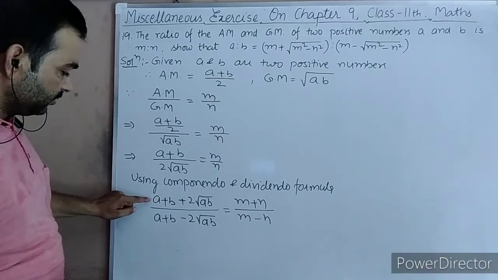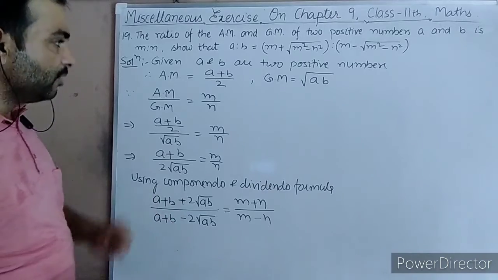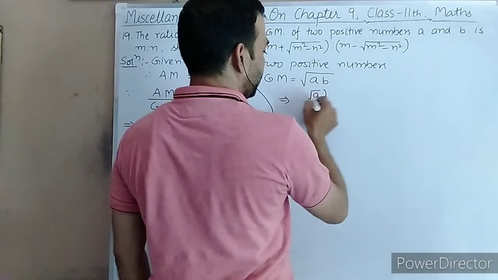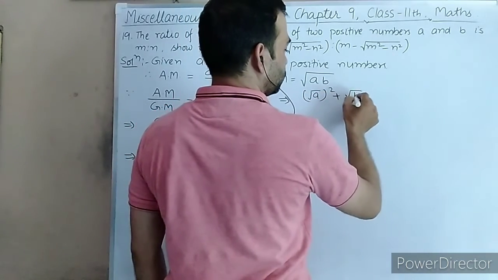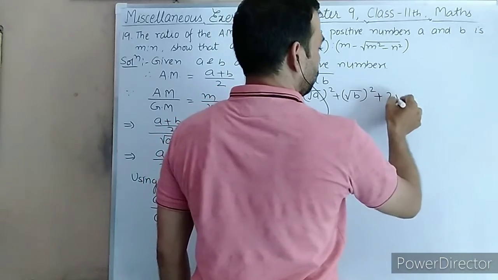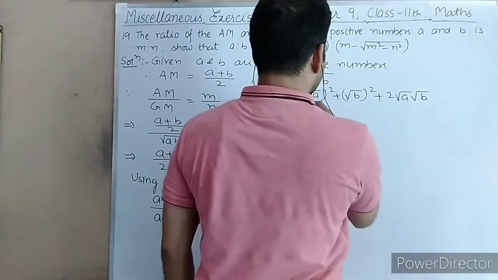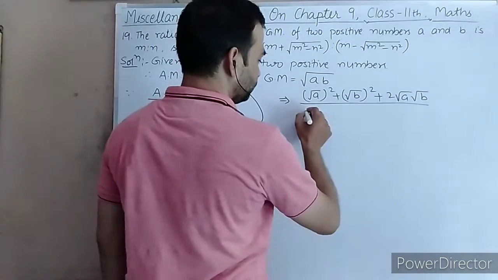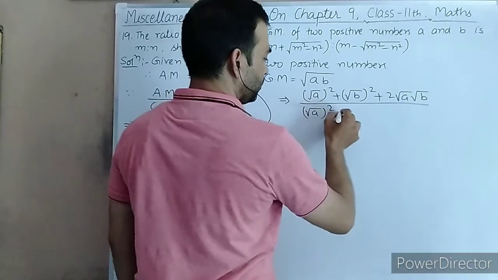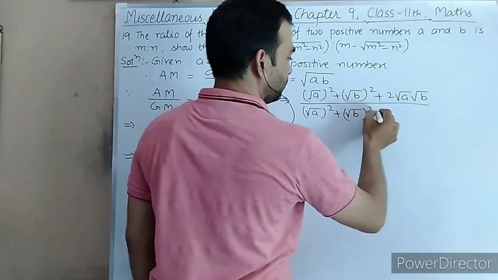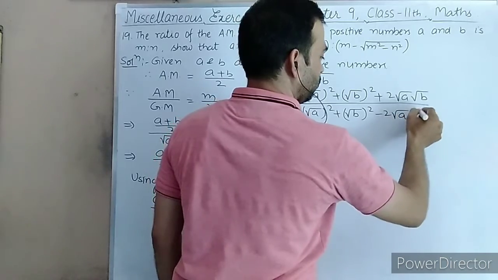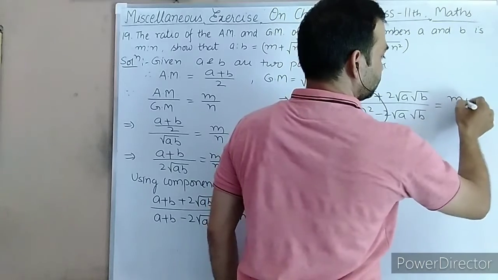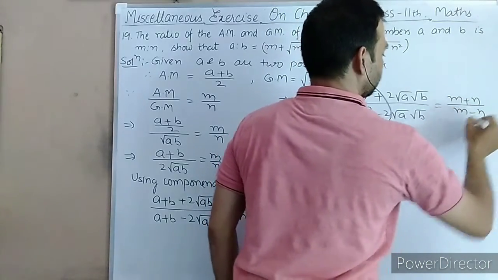Now you can see here, this is (root a plus root b) whole square. This implies I can write it as (root a square plus root b square plus 2 root a into root b) divided by (root a square plus root b square minus 2 root a into root b), is equal to (m plus n) by (m minus n).